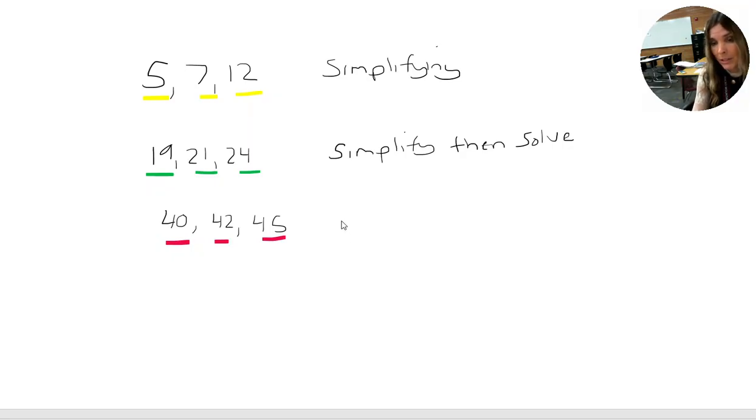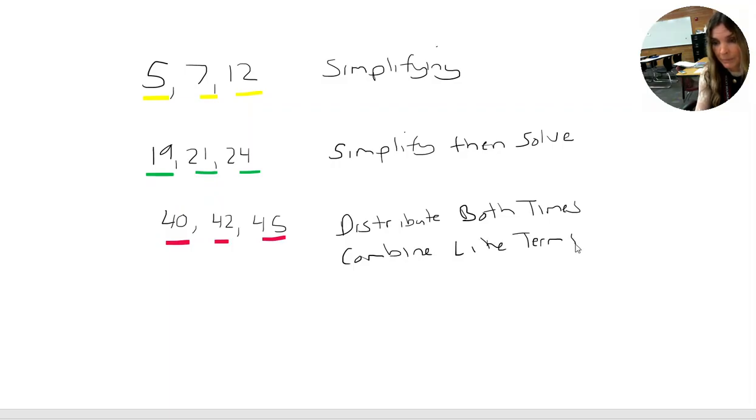So you're going to distribute both times, and then you're going to combine like terms, and then you are going to solve.